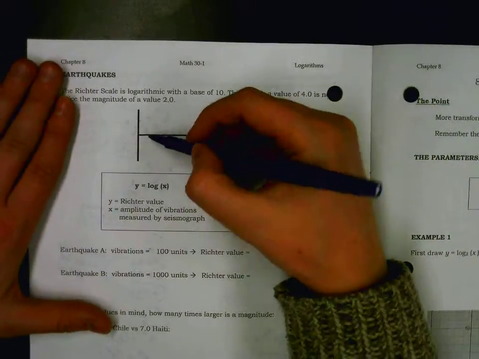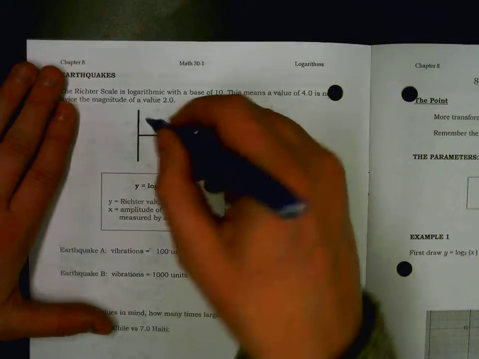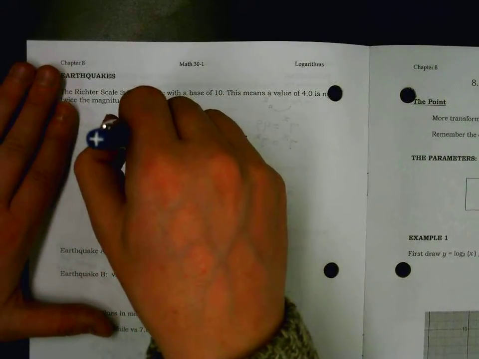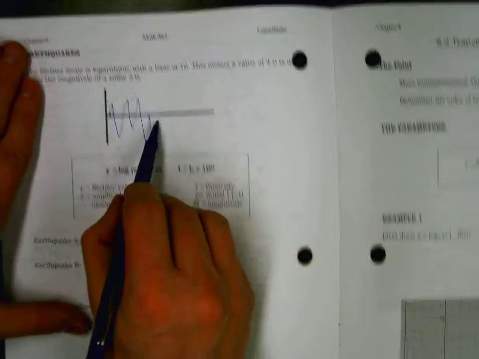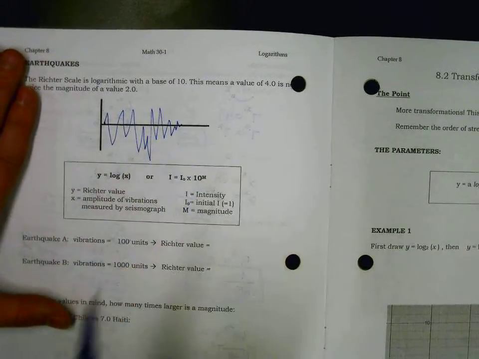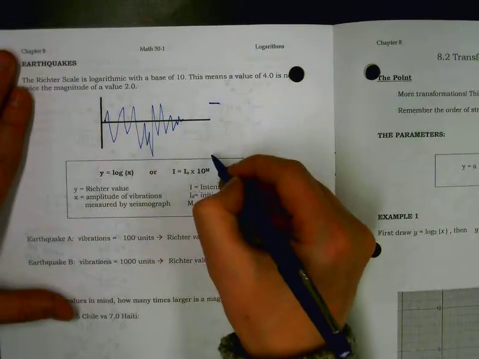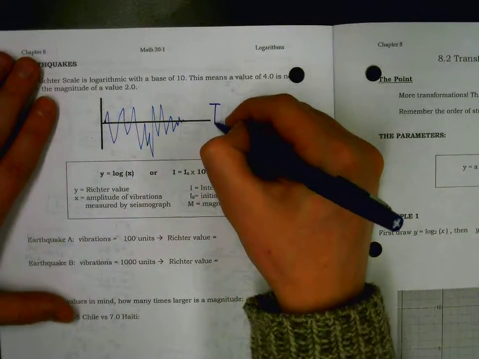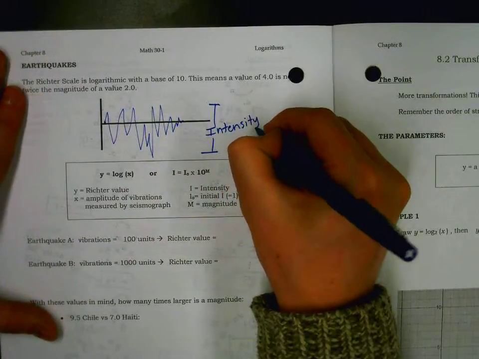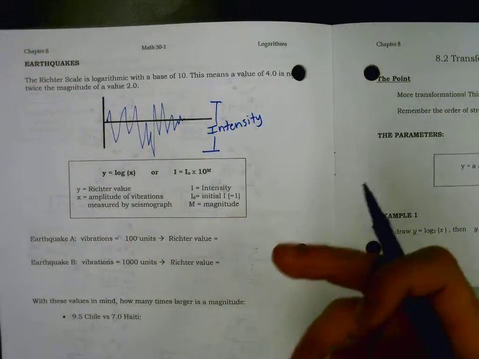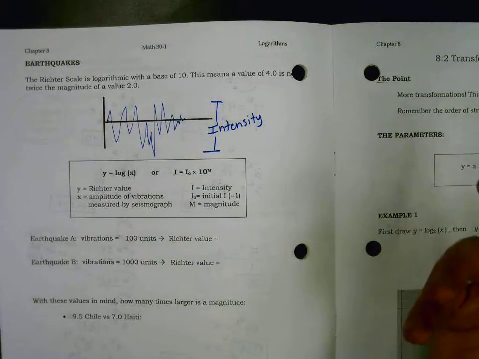So imagine for a moment you had a needle that was measuring the shakiness of the earth, and it measured some intensity. This intensity could be thought of like a sinusoidal function, as a bit of an amplitude.